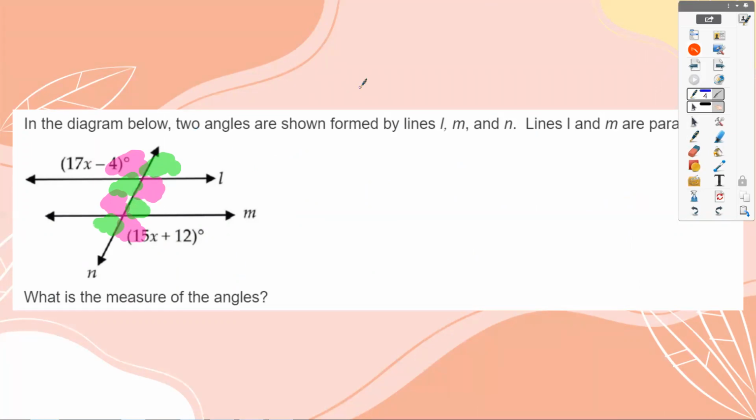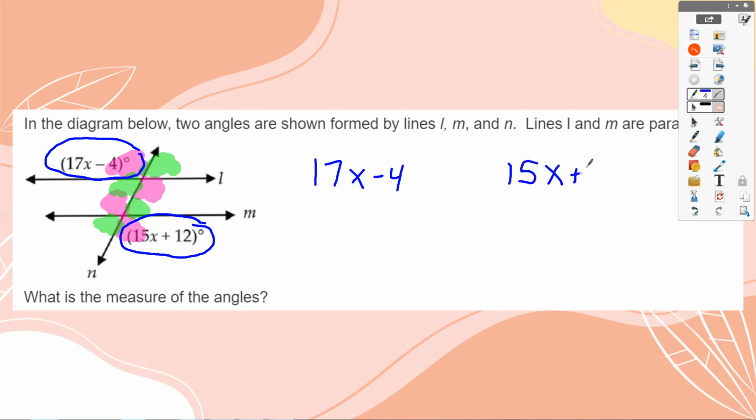Now, when I look at this, I know that this one that they gave me is in pink, and this one they gave me, I colored pink. Since they're the same color, I know that this pink one and this pink one have to be equal. So I'm going to set them equal to each other since they're both the same color, and I'm going to solve.